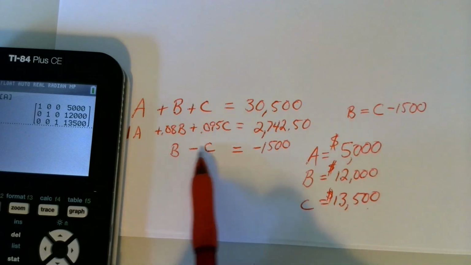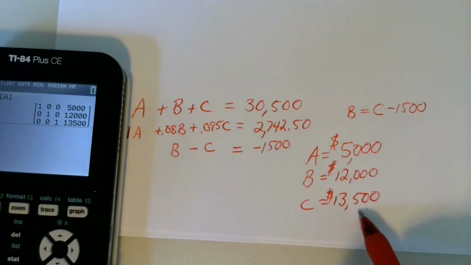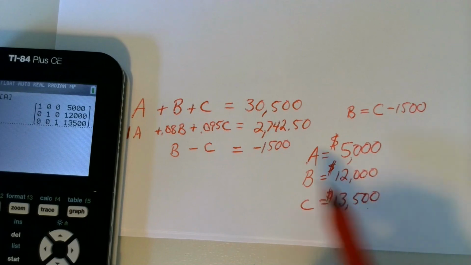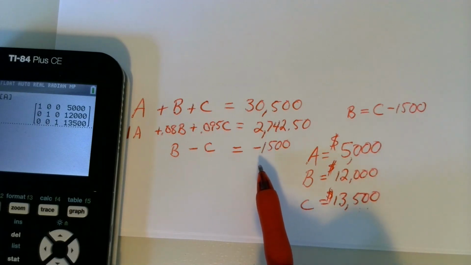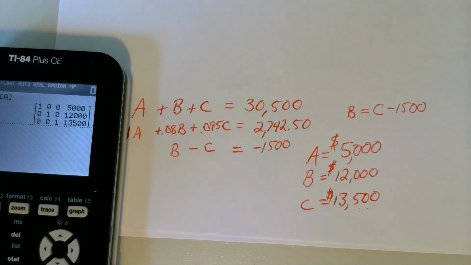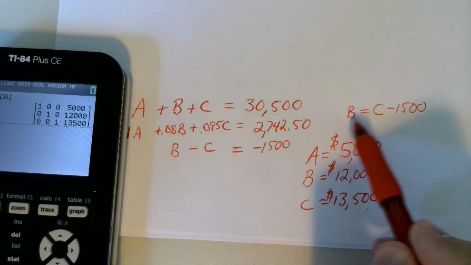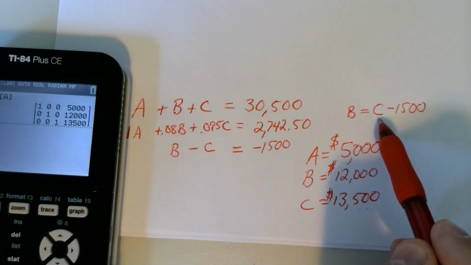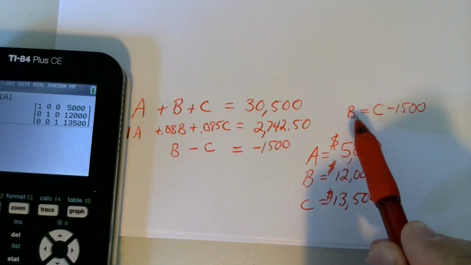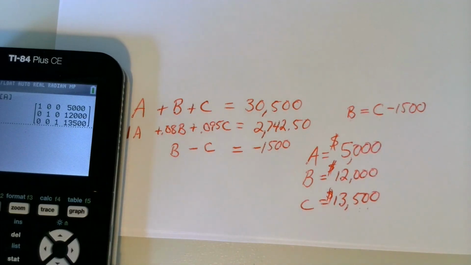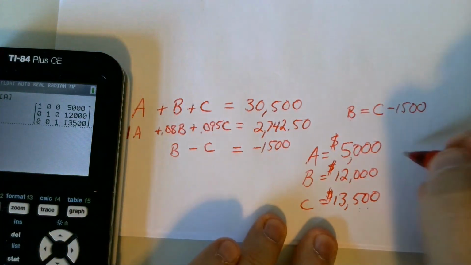And that if I take B away from C, 12,000 from 13,500, it does equal 1,500. Okay, that's right there. So 13,500 minus 1,500 equals that. Cool. Nice job. Check mark, smiley face.